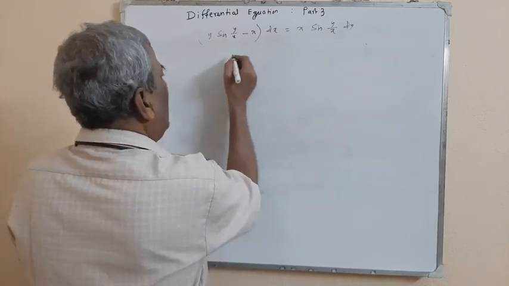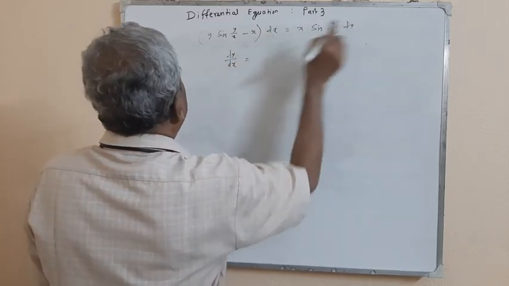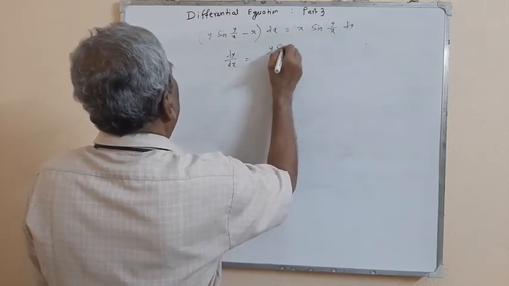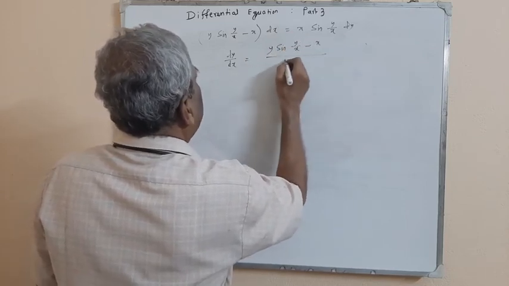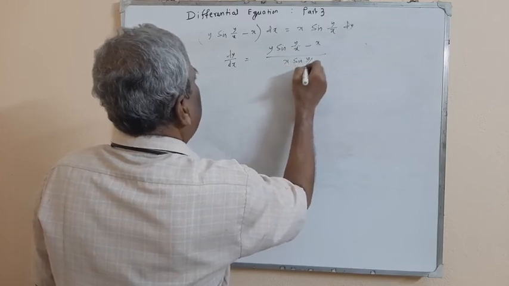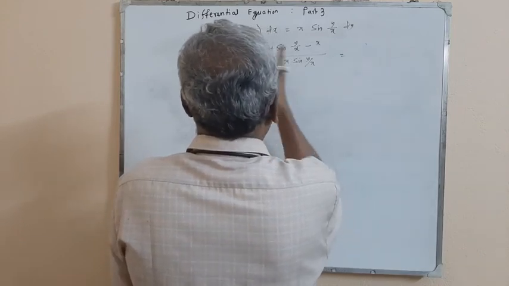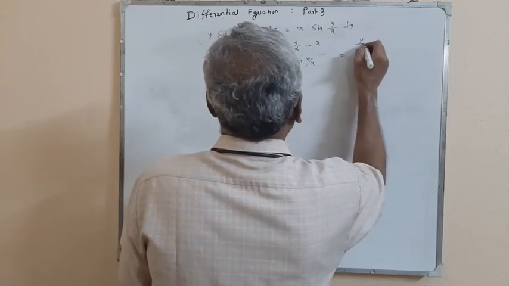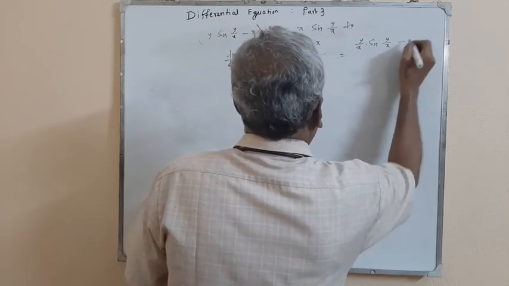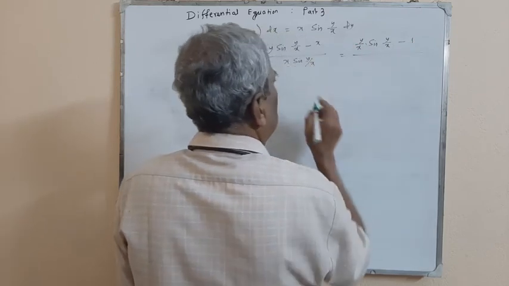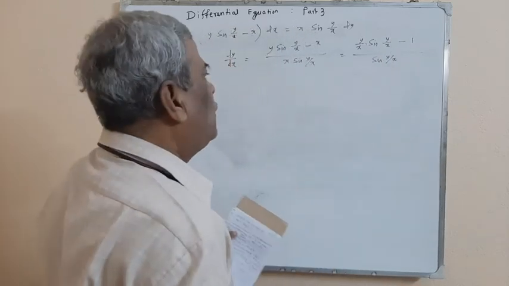Now from there, dy by dx is equal to y sine of y by x minus x divided by x sine of y by x, is equal to, dividing by x, y by x sine of y by x minus 1, by sine of y by x.